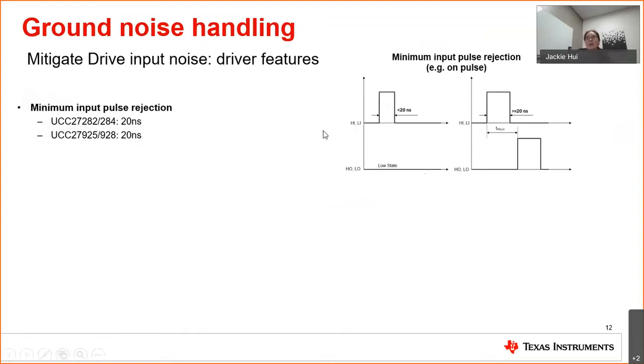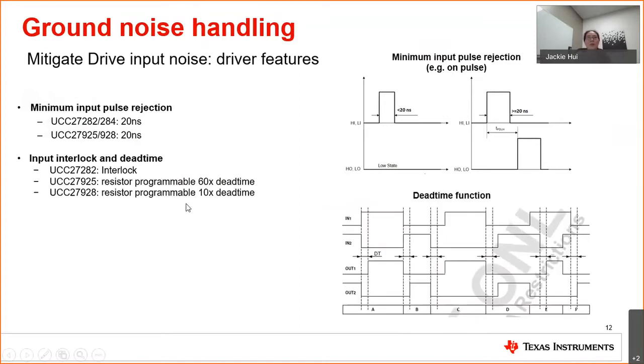What it means is if an input pulse is 20 nanoseconds or less, the driver will ignore it and will not provide an output pulse. Unless your input pulse is more than 20 nanoseconds, then the driver will translate it and create a corresponding output for it.